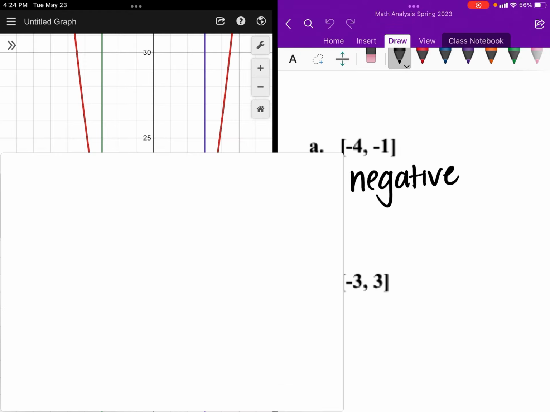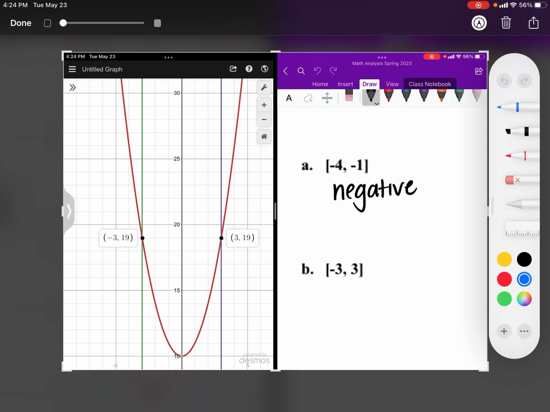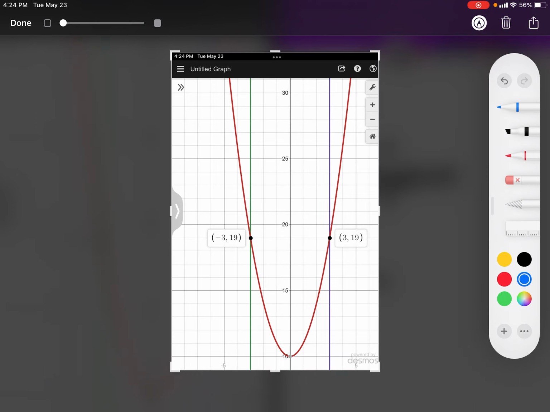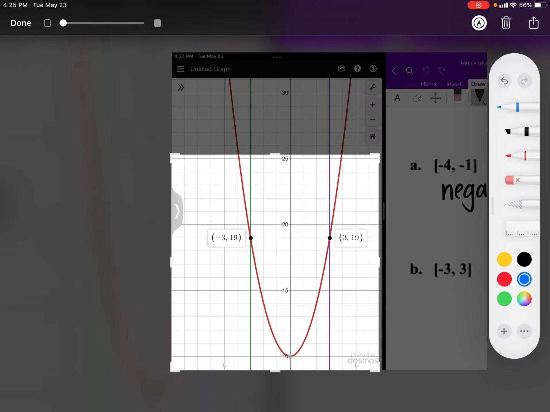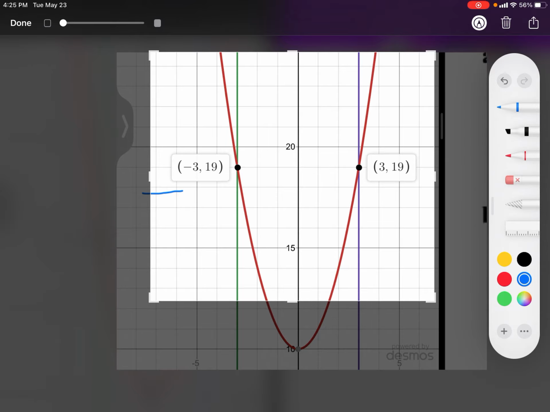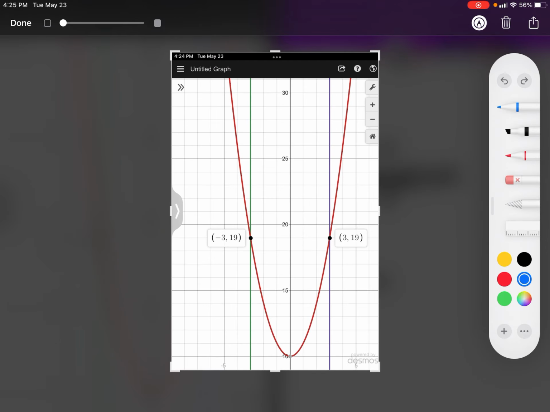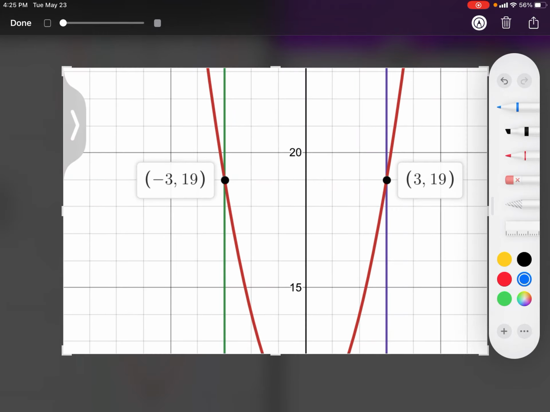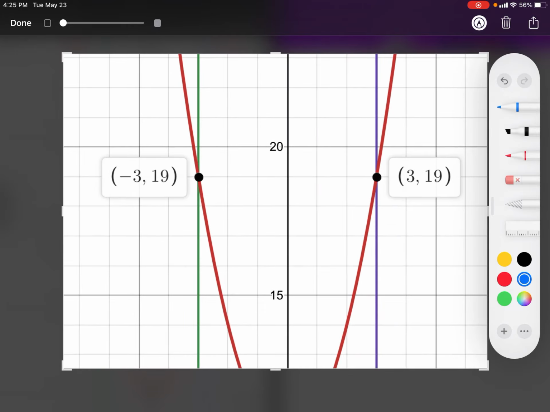If I were to take a screenshot of this once again and try to connect these points, this is actually going from here to there.